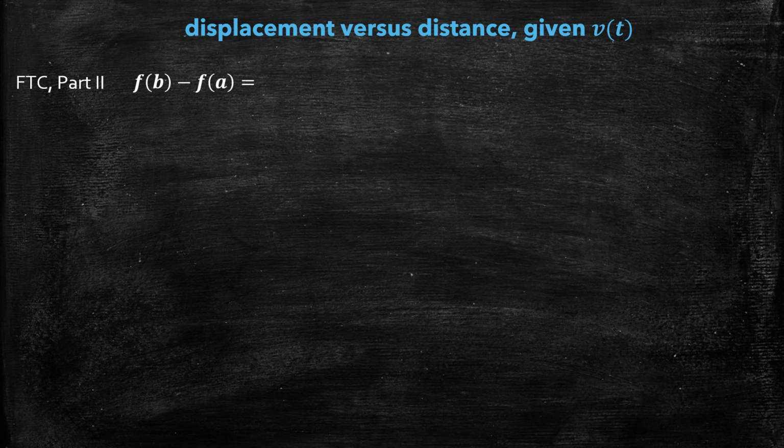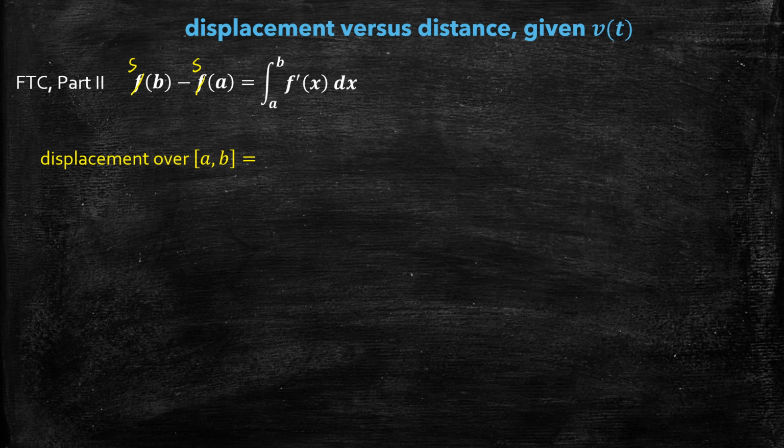So f of b minus f of a will be the area under the derivative of that function. If we want to think about displacement over AB, then instead of f, we want s there. So that will give us s of b minus s of a, that's the displacement.